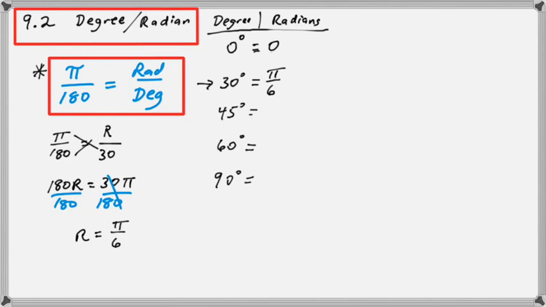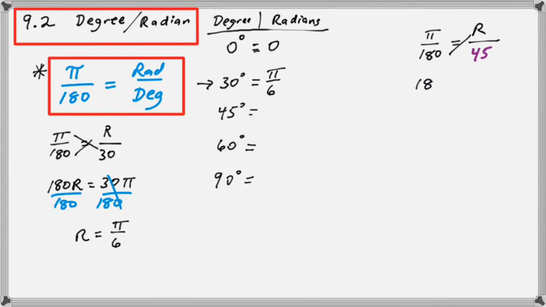How could I do 45 degrees? I would use the same formula. Radians over to degrees. If I know 45 degrees, I know I need to put it on the bottom. So I put my 45 on the bottom. Put the r up here.